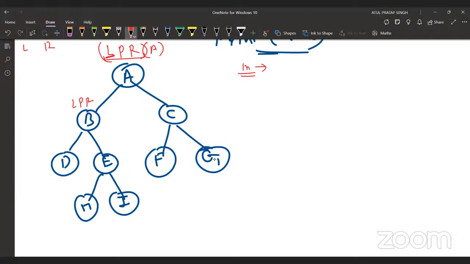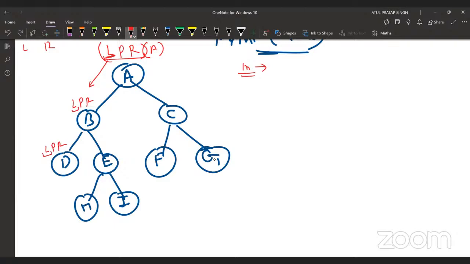Now the first step is completed on the previous node, and we recursively call on the left child. Again, the first step is the left recursive call. We check whether a left child is available. Yes, so we move to the left child again, L, P, R.